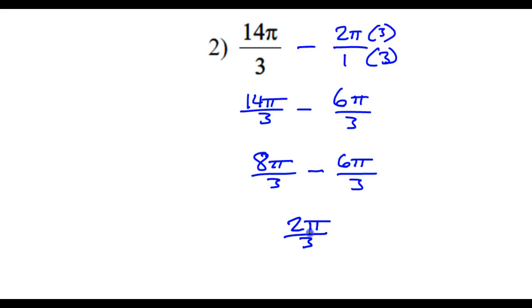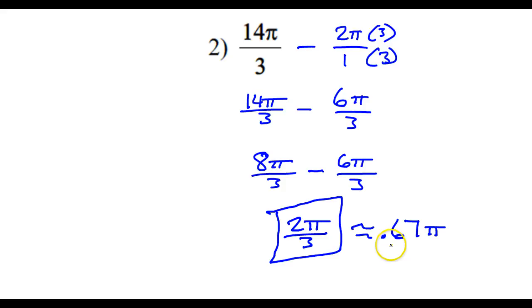So that's another coterminal angle, but this time it is less than 2 pi, because 2 pi is 6 pi over 3, and this is only 2 pi over 3. Or you could think of it as 2/3, which we know is 0.67 approximately. Alright, so that is how you do this concept.